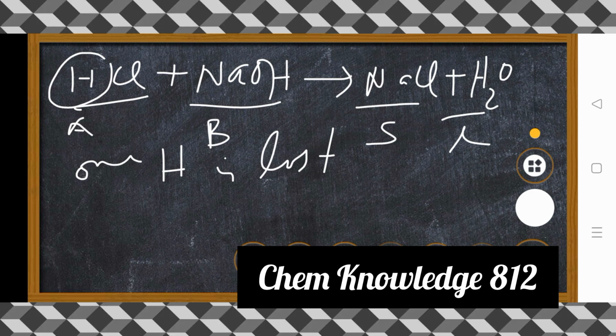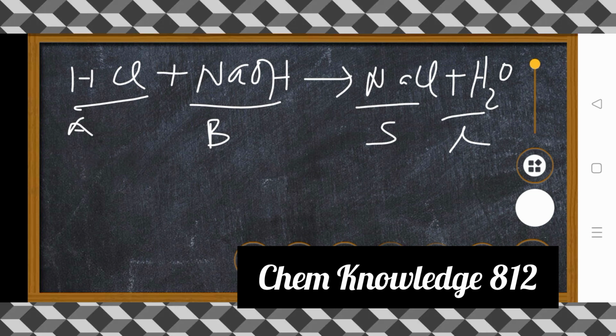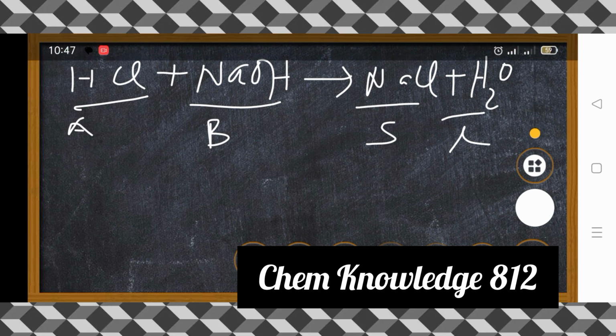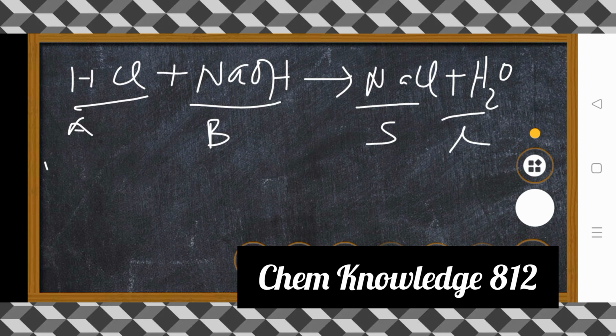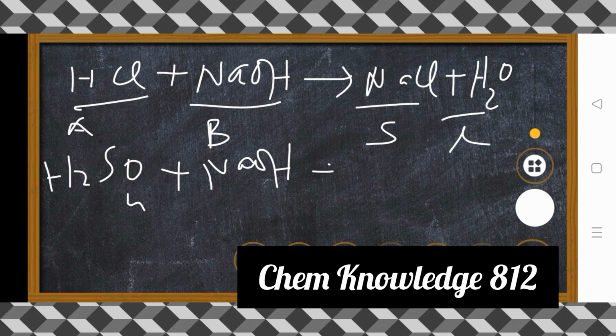But in the case of sulfuric acid, H2SO4 plus NaOH, we'll get Na2SO4 plus H2O.